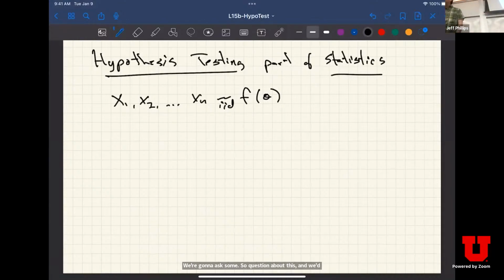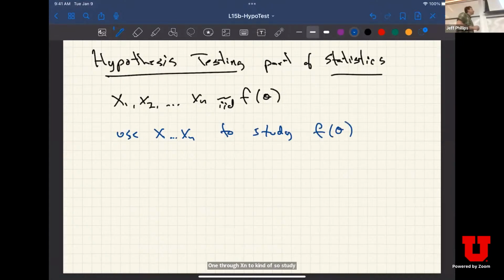The goal is to use x1 through xn to study f theta. There's some distribution that these are drawn from. Think of f theta as describing the natural world. We're making observations from it in some way. The observations are x1 through xn, or we're planning on making observations. And then we want to study something about f theta.